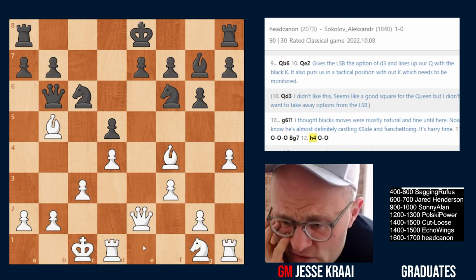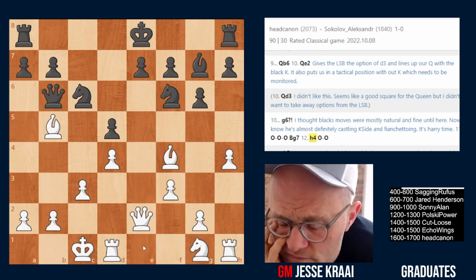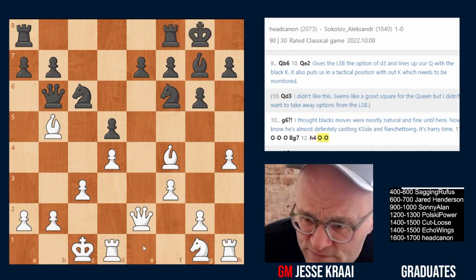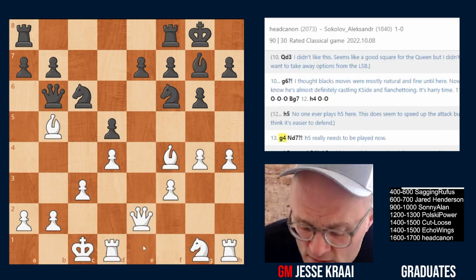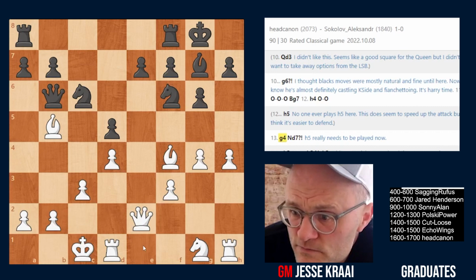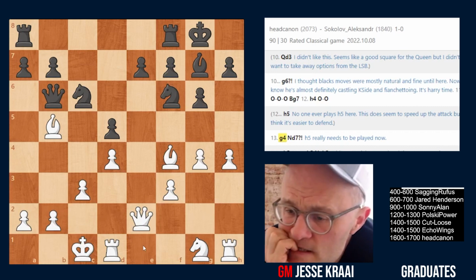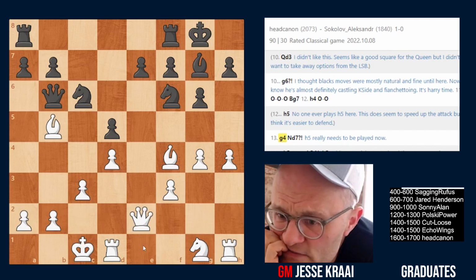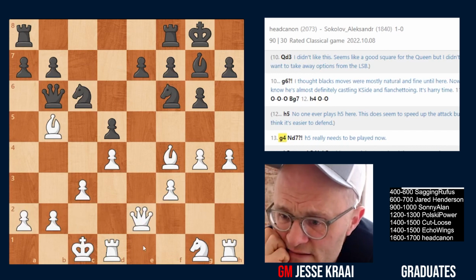Knight h5 is a thought. Castles is frisky. But let's give his castles a chance. Okay. Again, why don't I like it? Because he's not fixing the knight on g1. Okay, and now knight d7 is very frisky because he's claiming that he doesn't have to worry about the h-file.